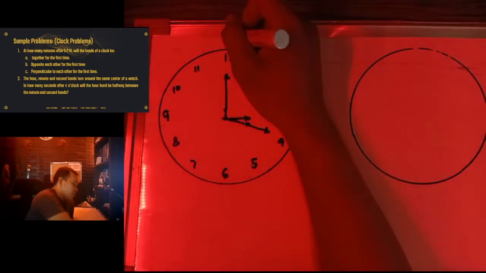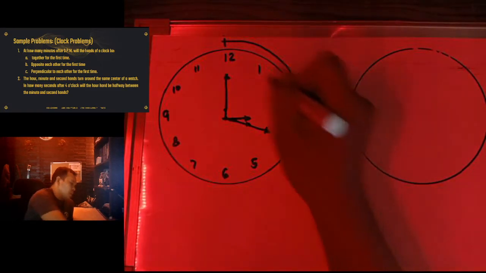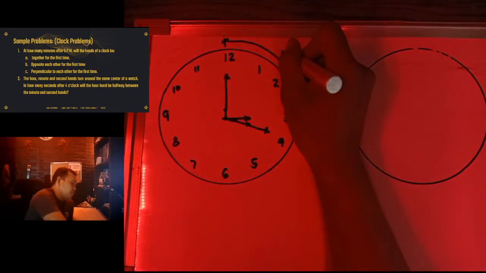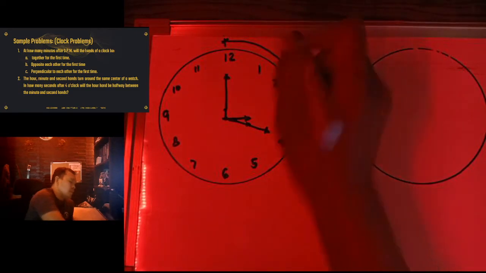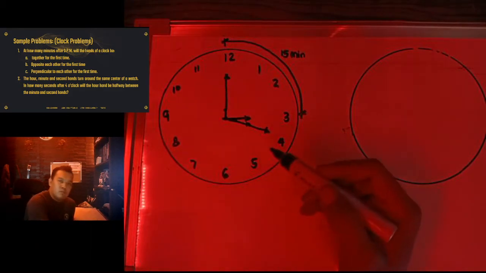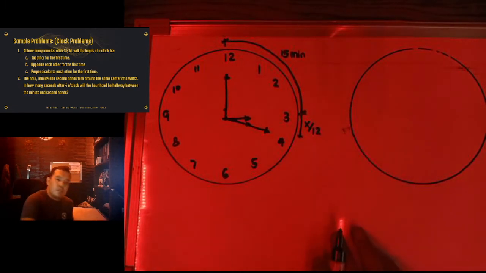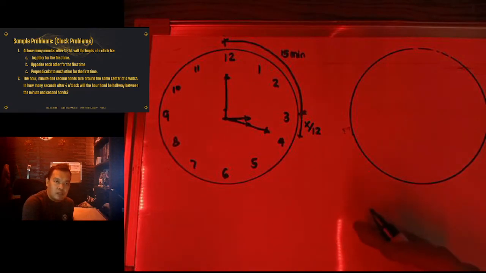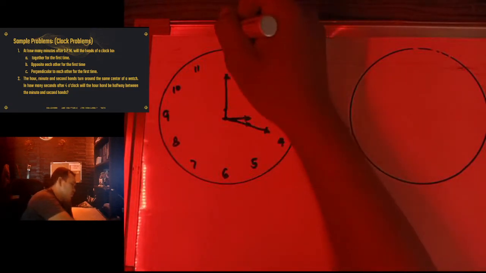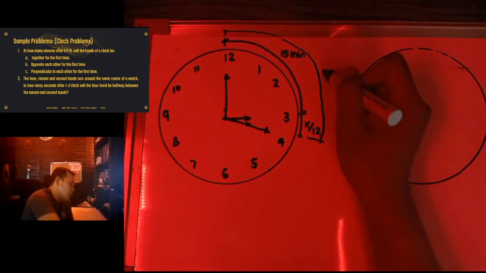Now we need to identify how many minutes that is. We all know that this one is 15 minutes, right? That's 15 minutes of movement on the clock. And we know the movement of the hour hand will be x over 12, and the distance traveled by the minute hand will be x. So from this point to here, the whole distance will be x.